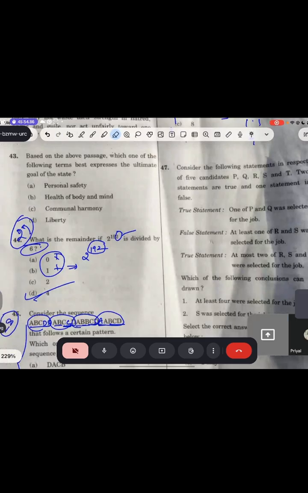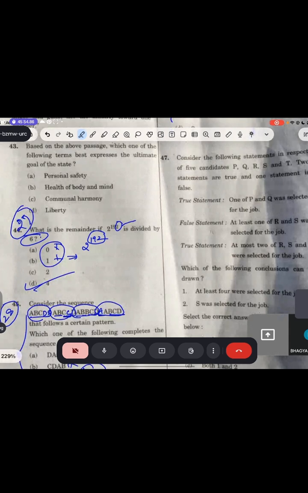Consider the following statements in respect of 5 candidates P, Q, R, S, T. Two statements are true and one statement is false. One of P and Q was selected for the job. False statement: at least one of R and S was selected for the job. At most two of R, S, T were selected for the job. So we have to find out the conclusion. Now listen, guys.